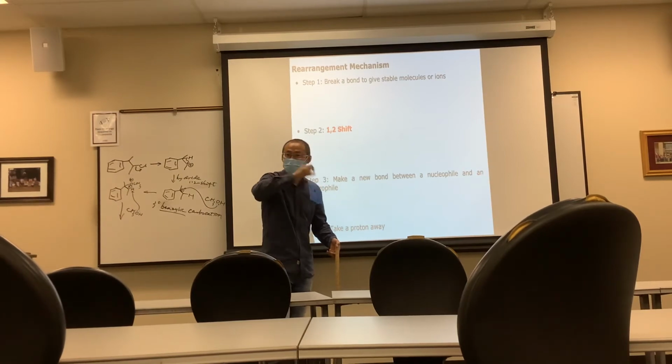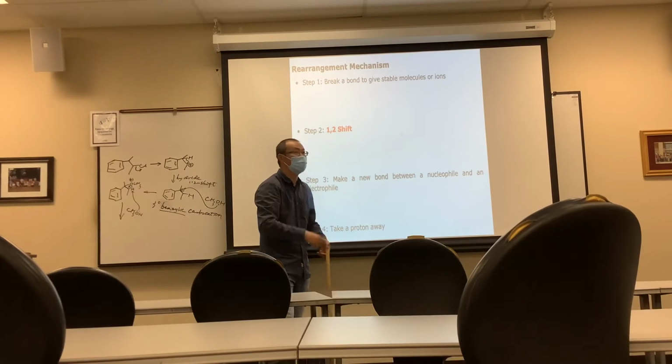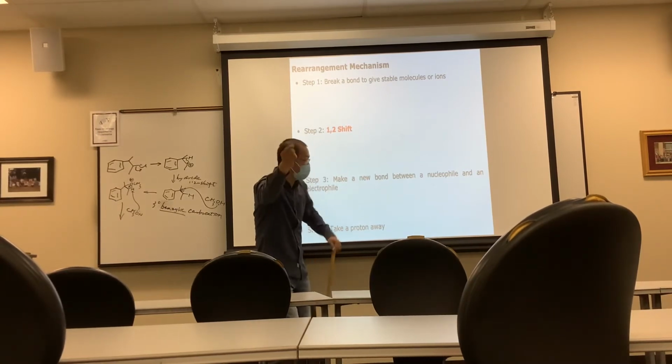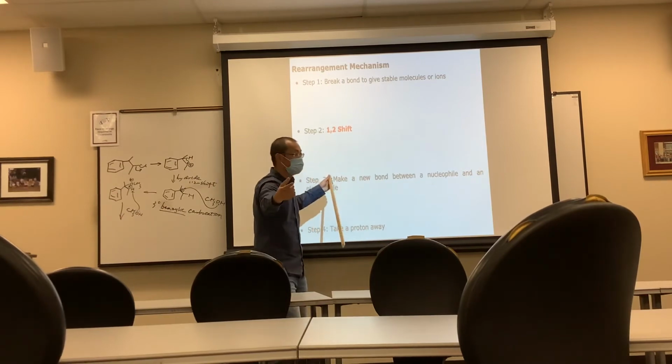The attack of the nucleophile happens at the same time as the leaving of the leaving group. Because they happen at the same time, the nucleophile attacks from the back side of the leaving group. Because the leaving group leaves in one direction, the nucleophile attacks from the back.